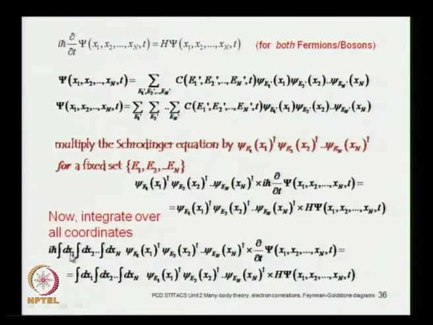Of course, x1 is a particular coordinate. Certain interactions might couple a particle at x1 with a particle at x2, right. So, there can be an interaction V which depends on x1 and x2, and that goes into the Hamiltonian. So, that is sitting in this Hamiltonian here.